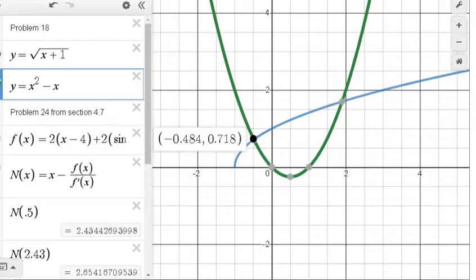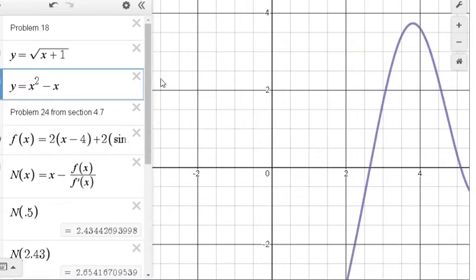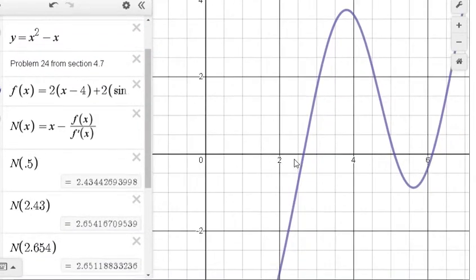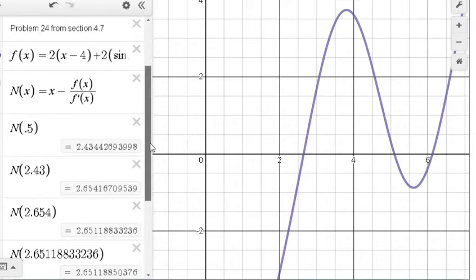So this one I've got set up with Desmos. You can graph that function, and you see a couple places. If I'm just interested in this first one, that's fine. Now, what I also did is I set up Newton's method right here. And I'm not going to graph it. You don't want to see it graphed. But I called it capital N of x. So I took a first guess of 0.5.